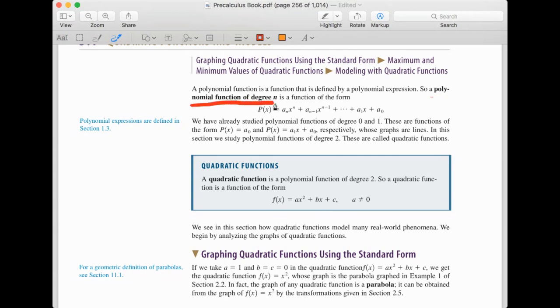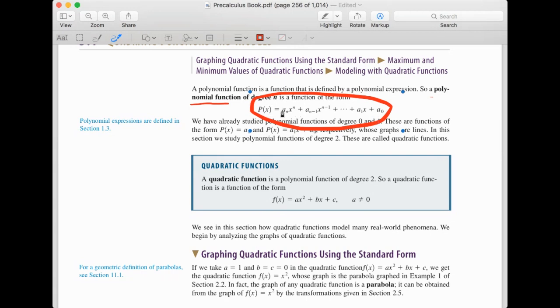Polynomial functions of degree n. Its standard form is this. So make sure you understand this standard form. Read it a couple of times. So let me explain this standard form. Polynomial functions in terms of x, so only x is the variable. And the other letters here we see are some numbers.